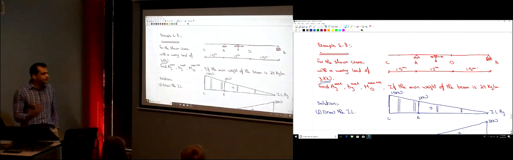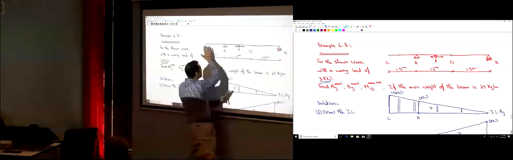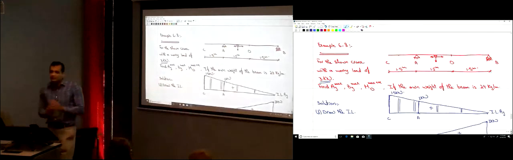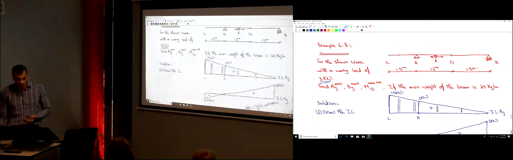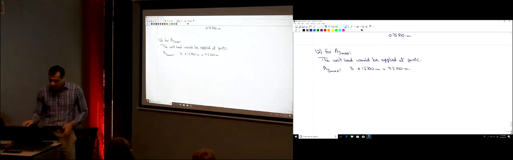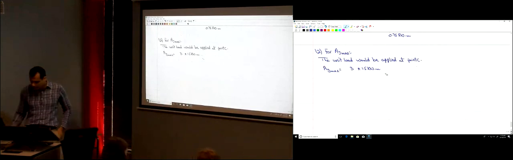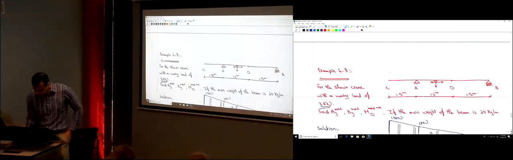You cannot avoid it. You cannot say the weight of the beam is over here, but it's not here. You have a beam here, and you have a part of the beam here. You cannot say the dead load is just in this place and not in that place. The dead load, the own weight of the beam, is everywhere. So you have to add the effect of the dead load, the own weight of the beam. The own weight of the beam is a uniform load. This is the dead load.